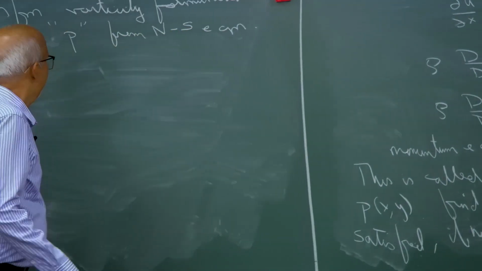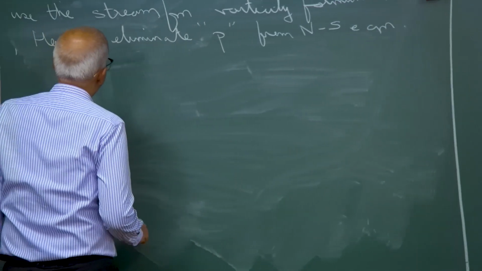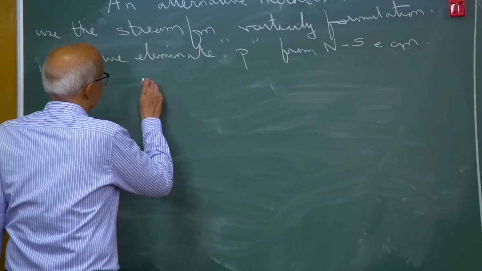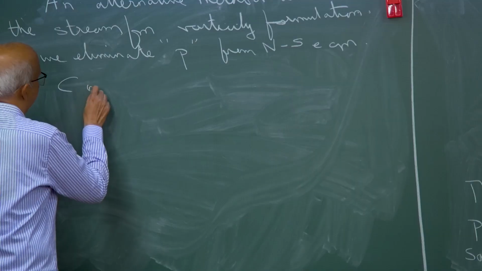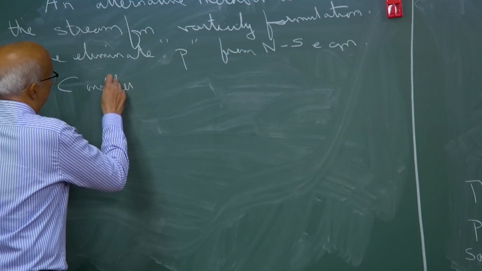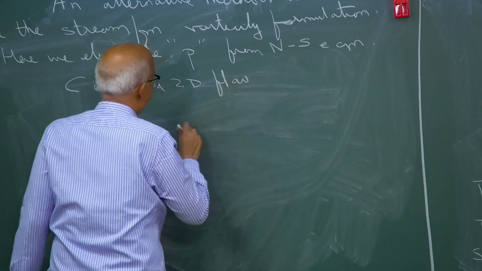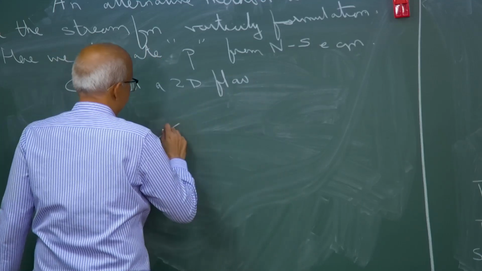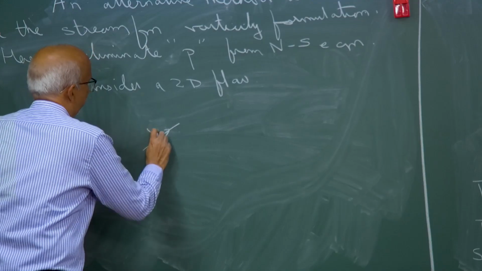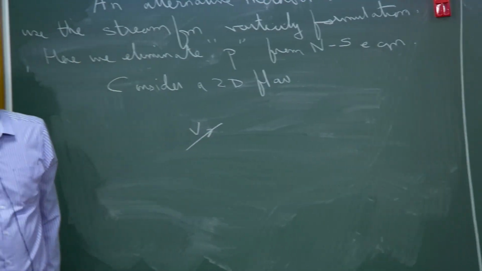So, anyway, let us consider a 2D flow like we did, and let us say this is the actual velocity that I have at a particular point.